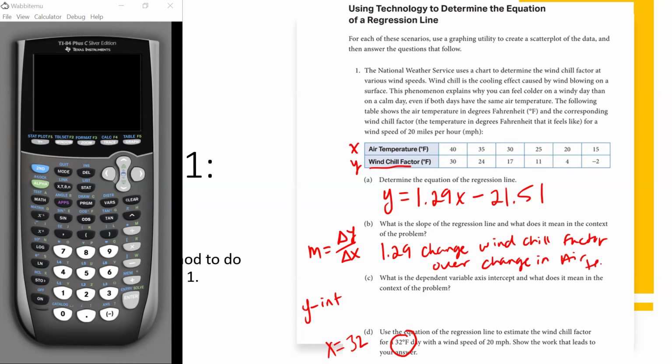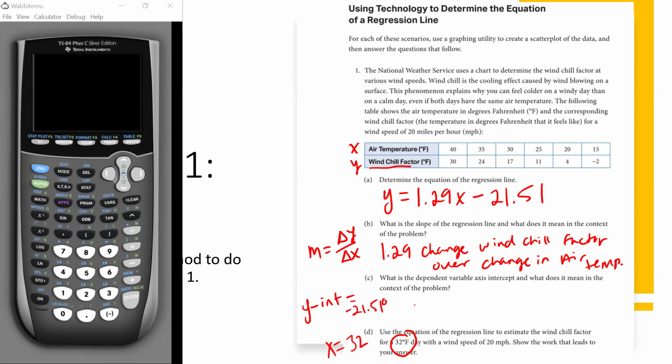Does that make sense? So you have a 1.29 degree change in wind chill per air temperature change. Make sense? And then our y-intercept, what did our y-intercept represent? Well, what was our y-intercept? There you go. So our B value is, so our y-intercept equals negative 21.51 degrees, right?